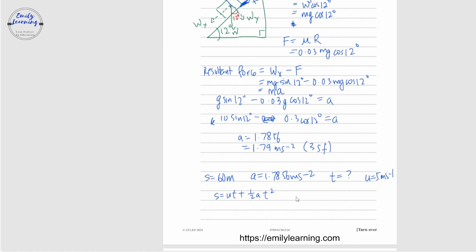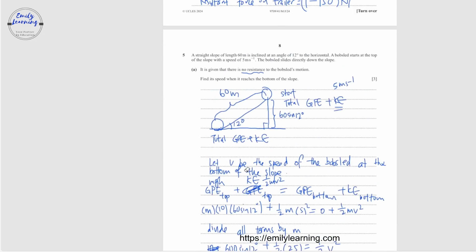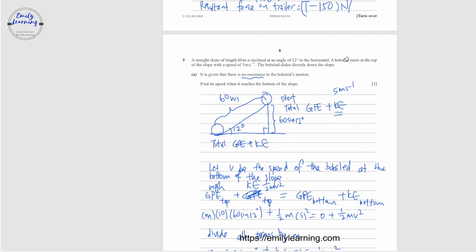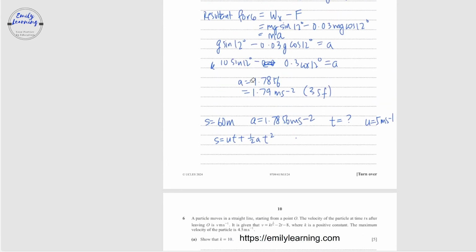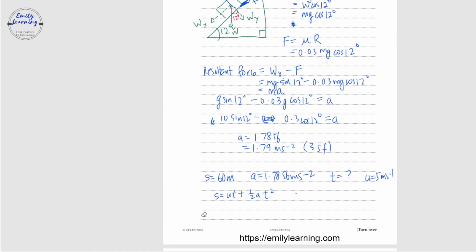I also have V equals U plus AT. I also have V square equals U square plus 2AS. But I don't have V, right? So I will not use any of them here, because I only have the starting speed, which is U. I did not have V, so I will not use any of the other kinematics equations.